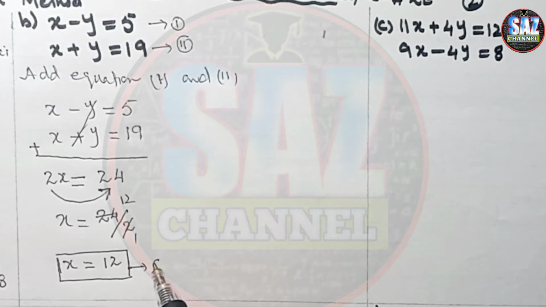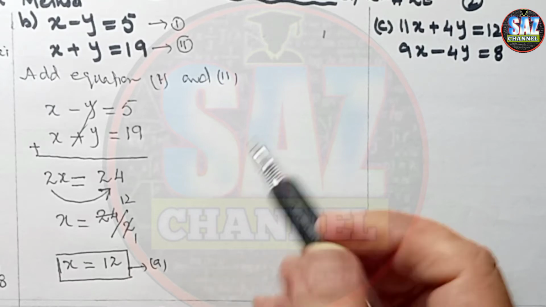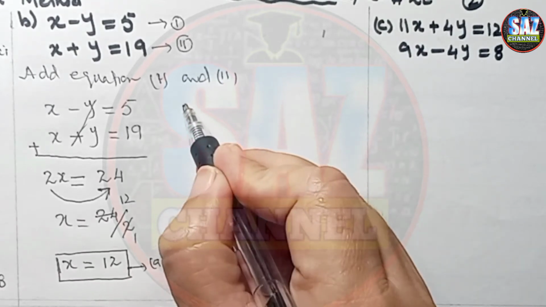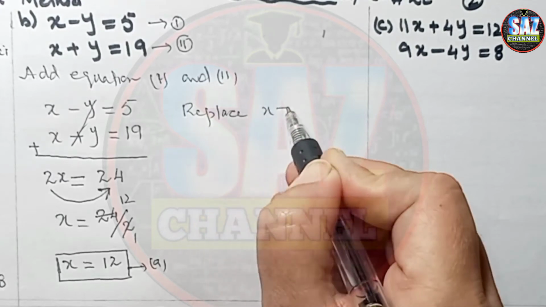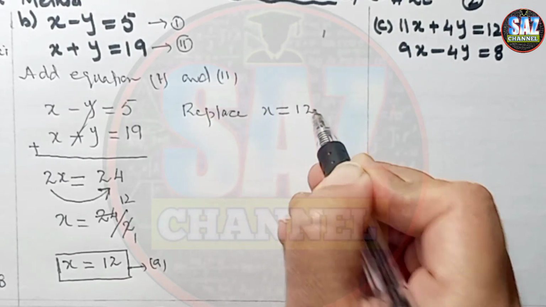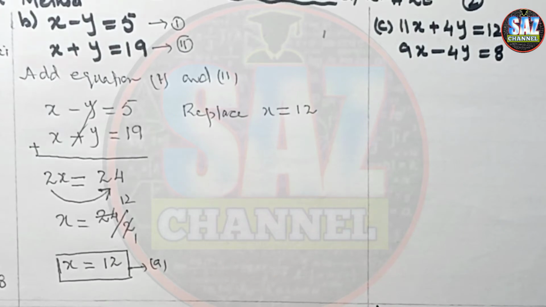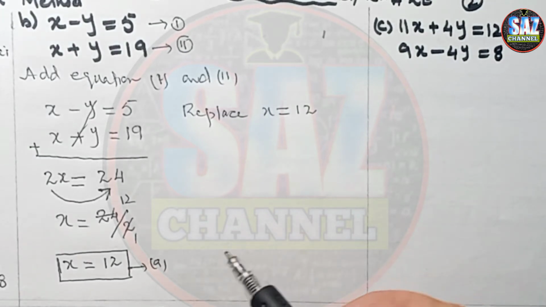Let it be a or b, whatever you want, but you must give a name to these answers. Now replace x equals 12. Try to choose the equation which can give you the calculation easily.